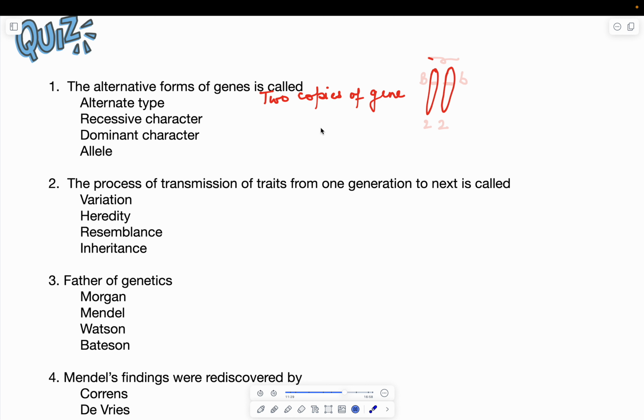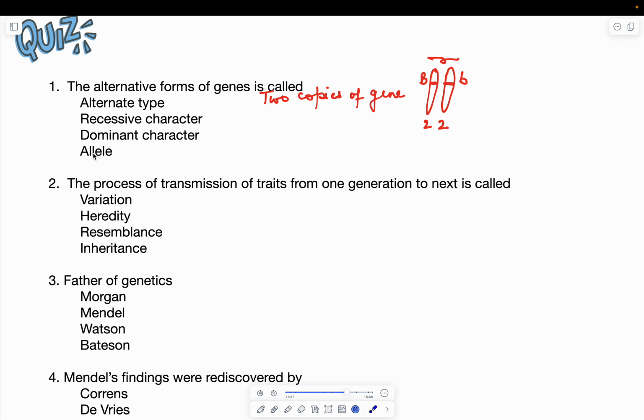So this is a homologous pair. This is chromosome 2. This is also chromosome 2. So these two copies of a gene or the alternative forms of a gene, say for example these two letters, they are the designations for the alleles, right, for the genes. So the alternative form of gene is called allele.